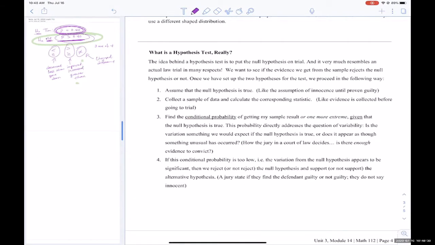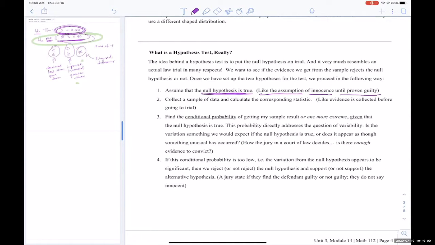We want to see if the evidence we get from a sample rejects the null hypothesis or not. Once we have set up the two hypotheses for the test, we proceed in the following way. Assume that the null hypothesis is true, like assuming innocence until proven guilty.